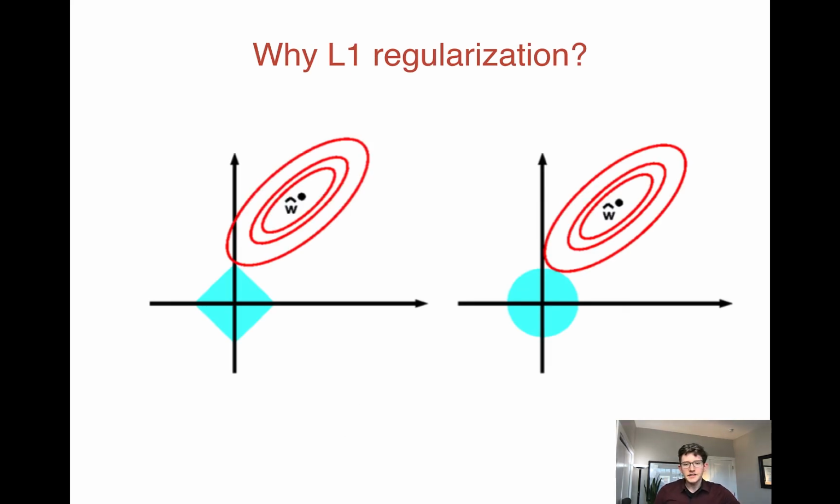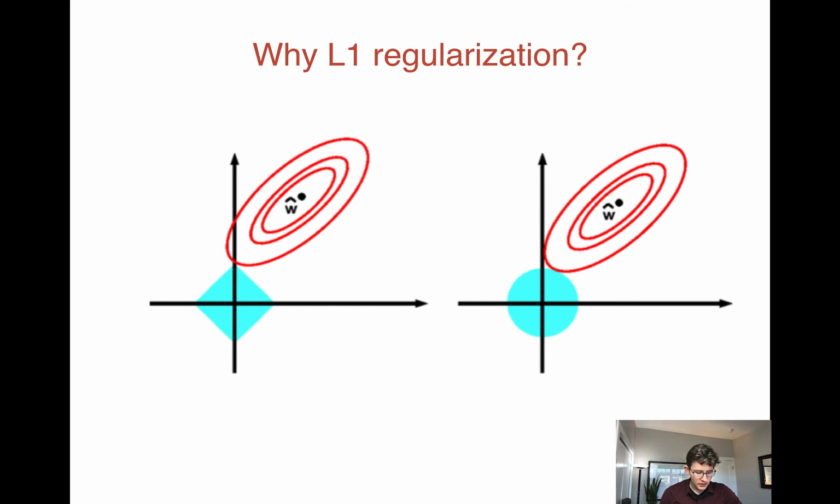Another way to look at this is with a geometric perspective. Here I've drawn, in these red level sets, our standard linear regression objective function. Let's look on the right to start.